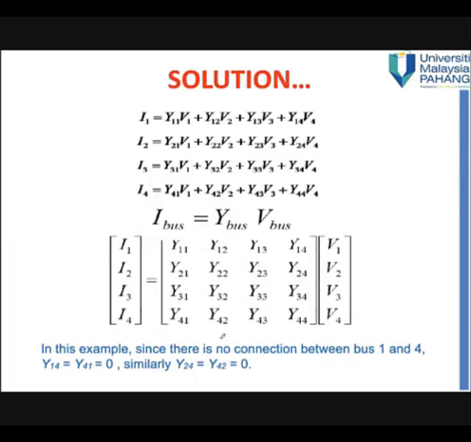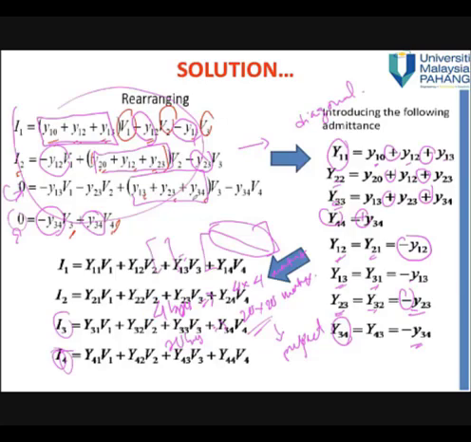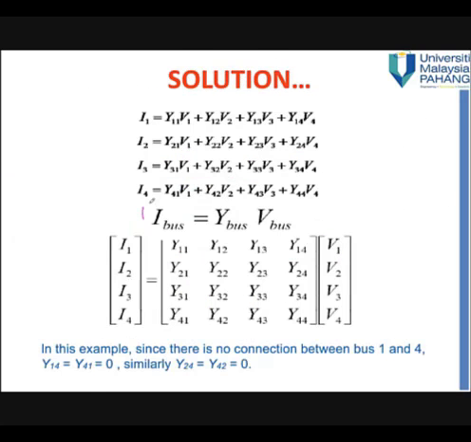At the end of the day, in terms of matrix, we can construct using this. Meaning that if you make expansion of this one, you can get this equation. So that's why I1 equals this, we call it Y bus, or bus admittance matrix.